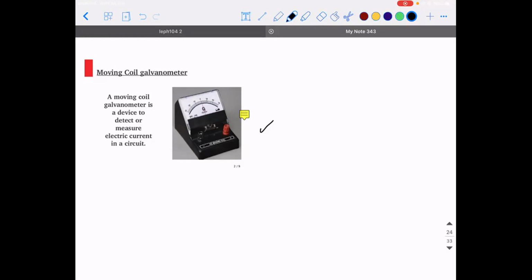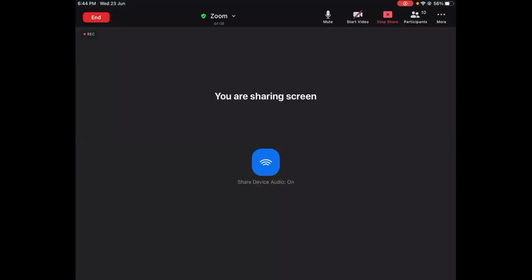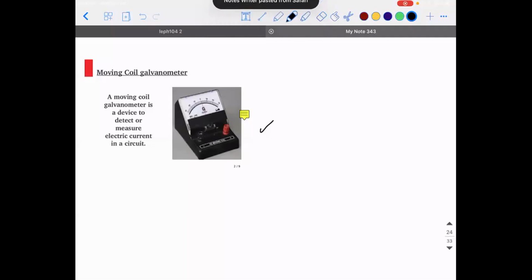What is the difference between a moving coil galvanometer, or a galvanometer for that matter, and an ammeter? Let's at least try, no? Am I audible or not?